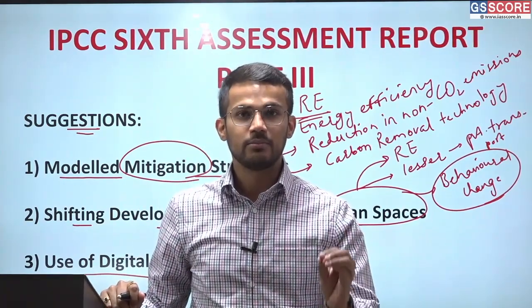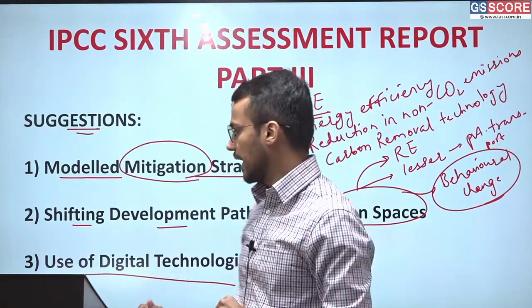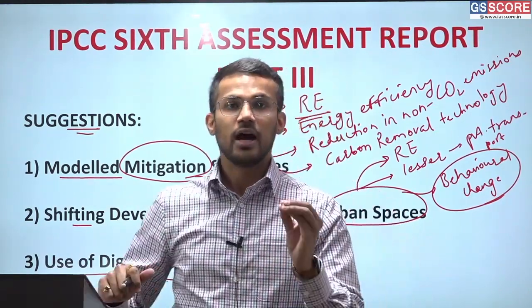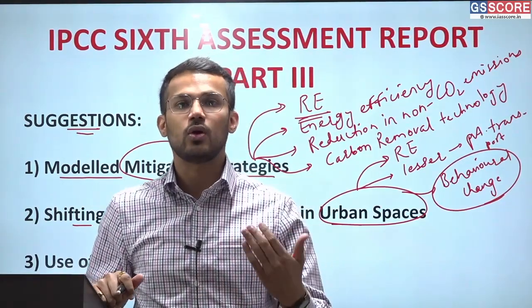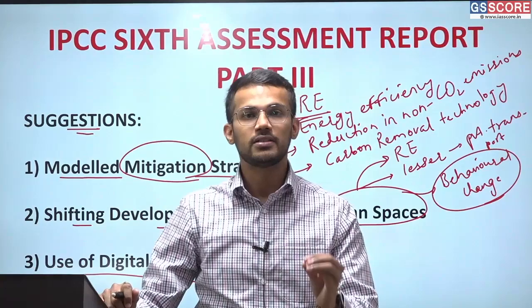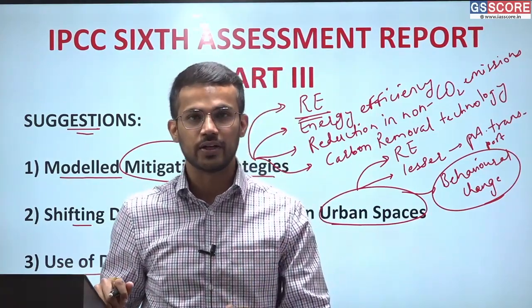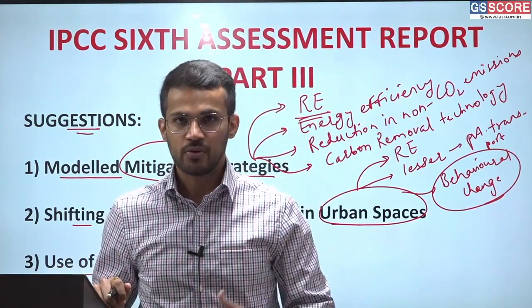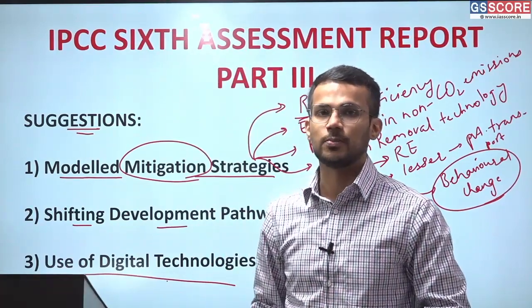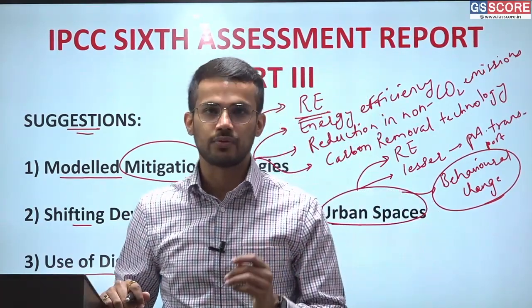But at the same time, it has also highlighted that the use of digital technologies should be highly regulated, because if we are not regulating the use of digital technologies, then there will be certain adverse side effects that we will have to face, right? So these are the suggestions given by IPCC's 6th assessment report for mitigation of climate change.